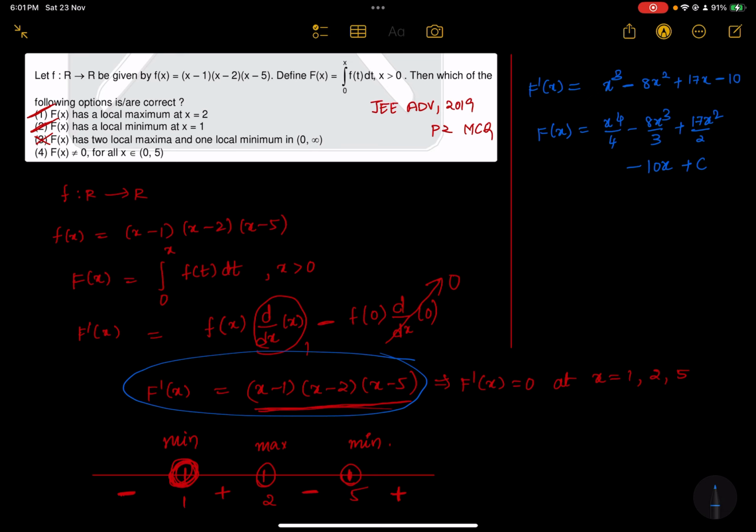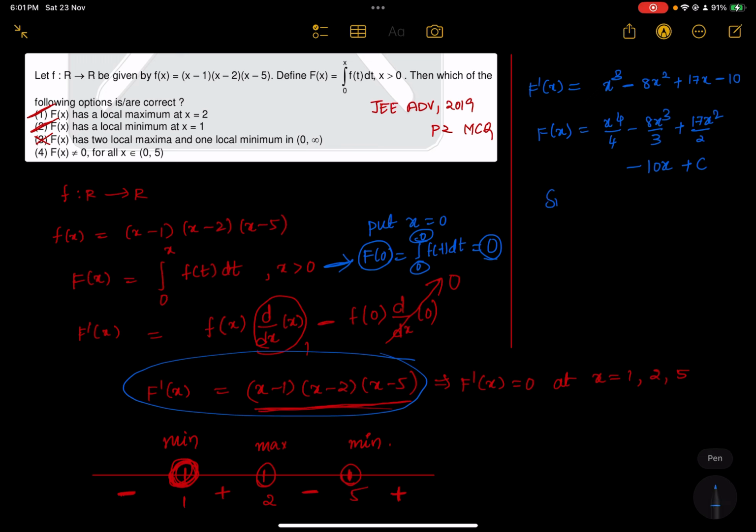So now let us go back to the definition. Put x equal to 0. Then F of 0 is equal to the integral from 0 to 0 of f of t dt. So the upper limit and lower limit are the same, so the integral value will be 0. Therefore F of 0 is 0.